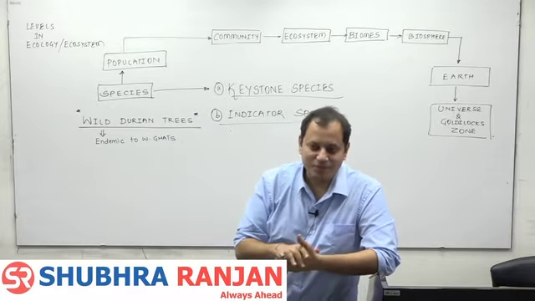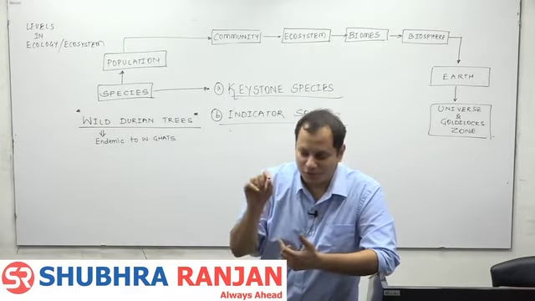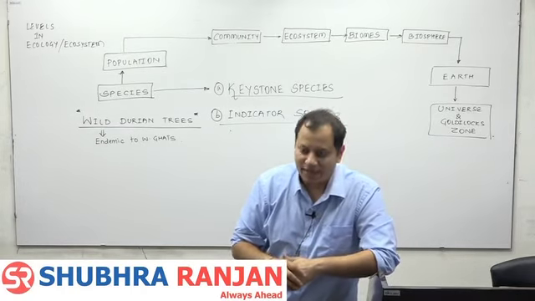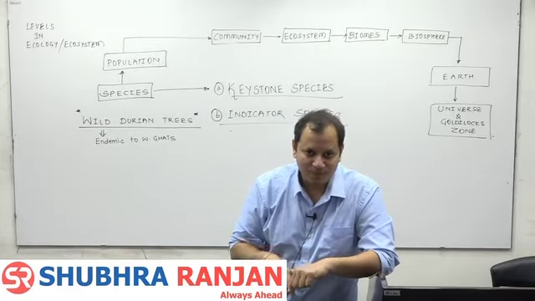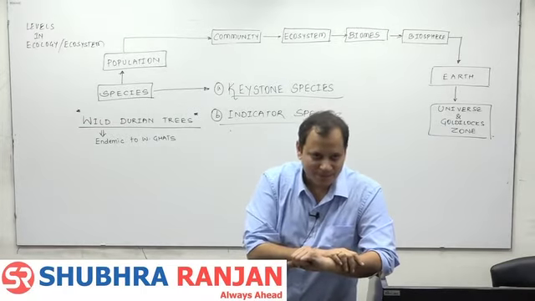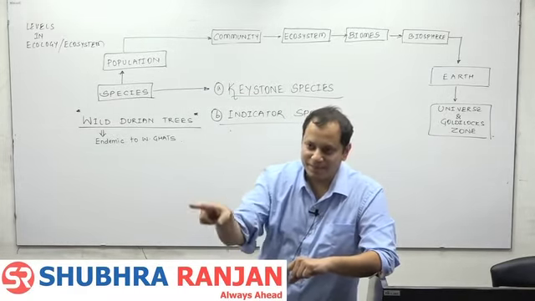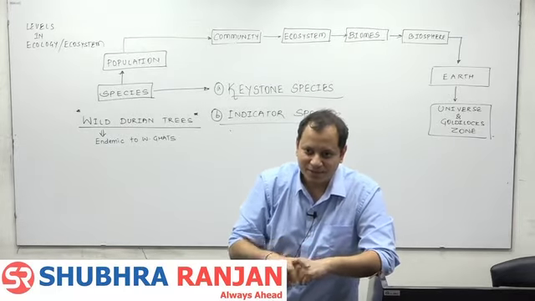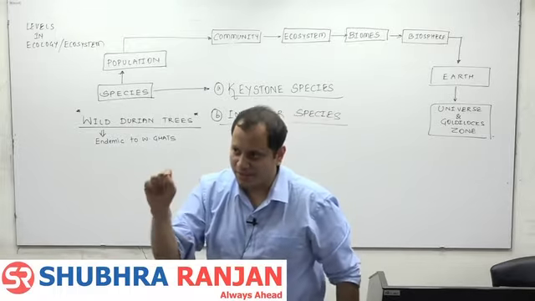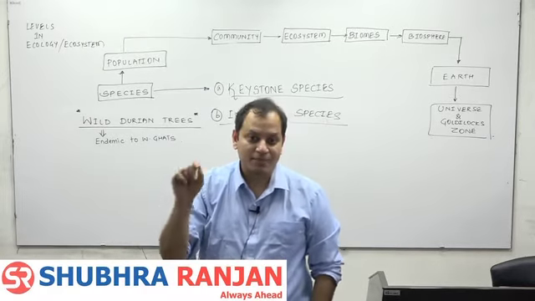Suppose if there are more mouse or cockroaches in this room, what does it indicate? It indicates that hygiene is not maintained in this room. Somebody must be eating tiffin and putting up the lift over this thing. And उसके बाद it indicates कि class के बाद साफ सफाई अच्छी तरह से नहीं हो रही है. So any species that indicates the presence or absence of certain conditions in an ecosystem are known as indicator species.